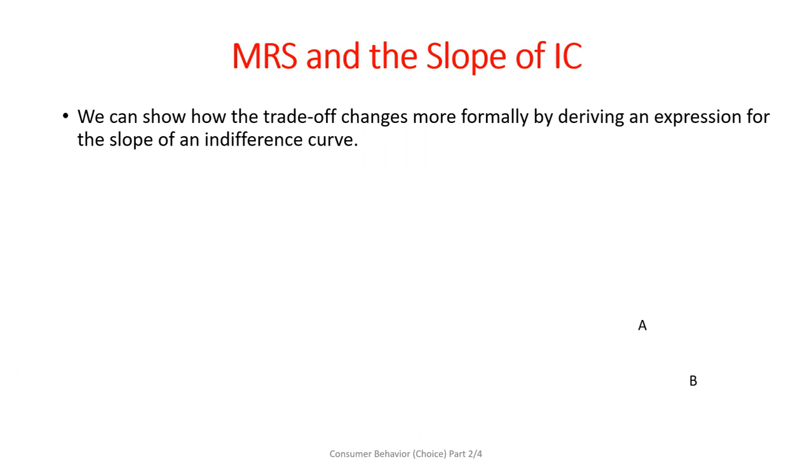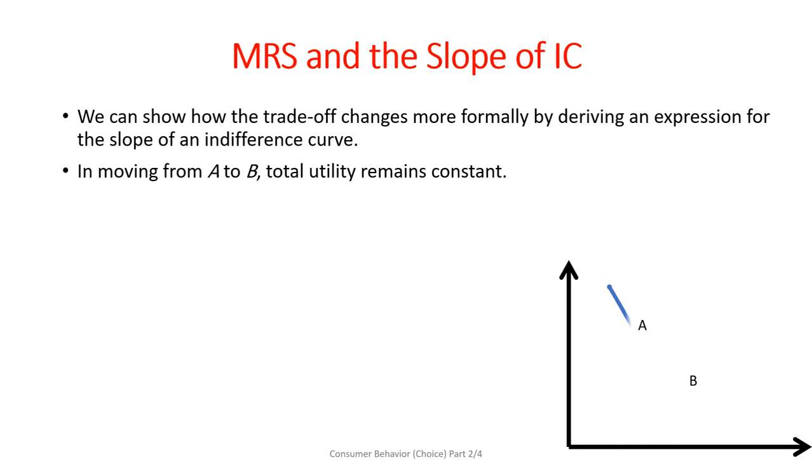We can show how the trade-off changes more formally by deriving an expression for the slope of the indifference curve. Let's assume that the consumer is at point A and moves to bundle B. In moving from A to B, the total utility remains constant because both bundles are on the same indifference curve.